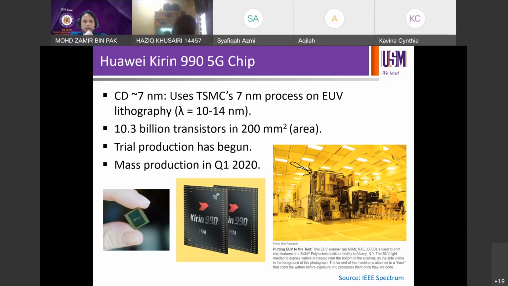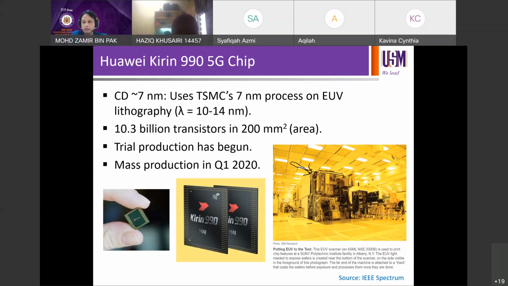So this is based on TSMC's 7 nanometer process. TSMC is the king of wafer fabrication at the moment in the world, right? It stands for Taiwan Semiconductor Manufacturing Corporation, and it is located in Taiwan.